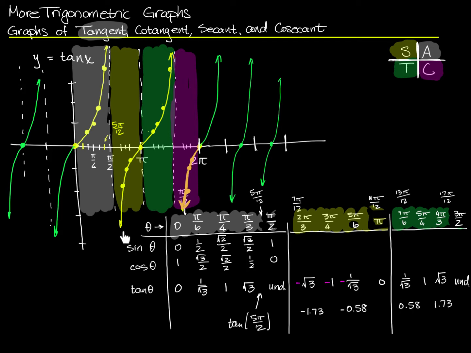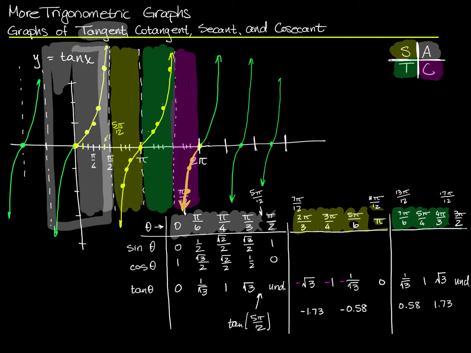Notice that one curve of tangent, one period, takes up 2 quadrants. And if you go back to this first one here, you have to go back into the negative x-axis in order to get a full cycle. So we tend to think of one period of tangent as being between negative pi over 2 and positive pi over 2.